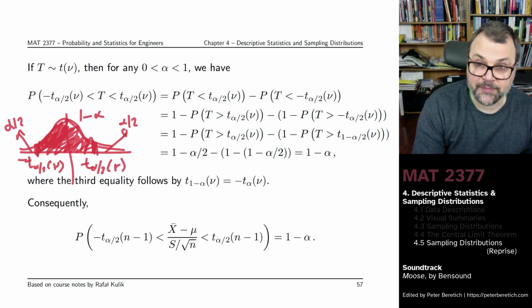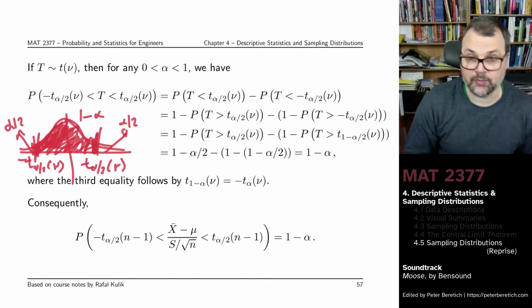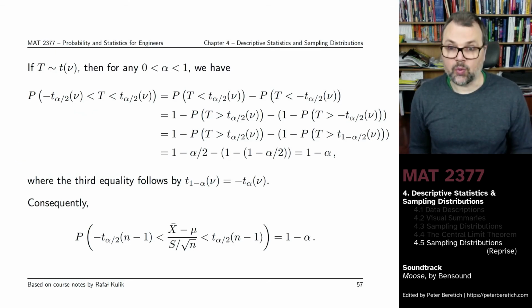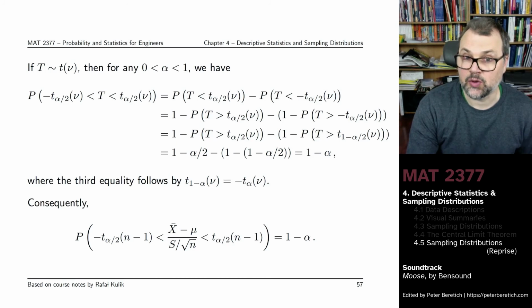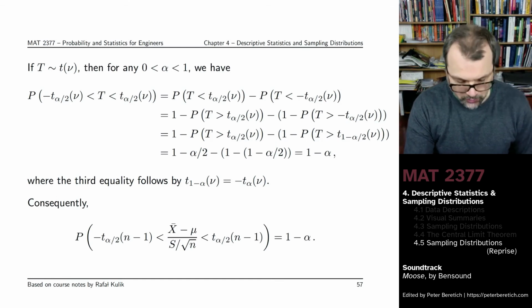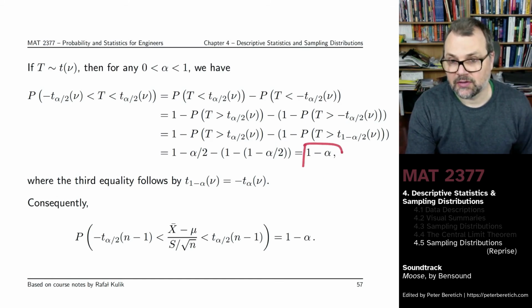So the area here underneath the curve between these 2 points is going to be the same as the area from minus infinity to this point minus the area from minus infinity to this point. We've seen this before, right? This is how you compute the area, and then you can work out what that's going to look like mathematically. That would be 1 minus the probability that t is greater than the critical value, minus 1 minus the probability that t is greater than the other critical value, the negative one. And work it out, you will get 1 minus alpha.